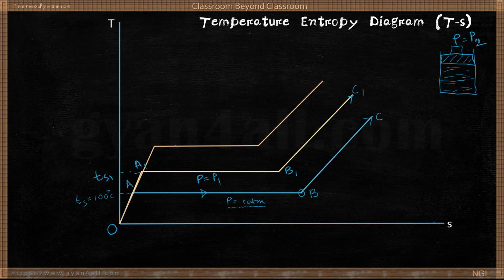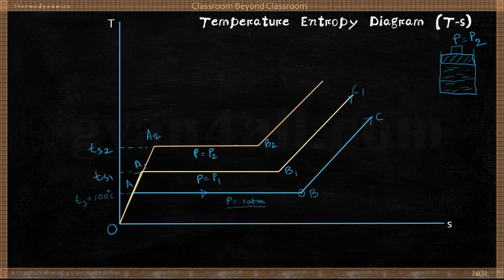In this case OA2 is the increase in temperature due to addition of heat, and A2B2 is the evaporation of water at the pressure we have already mentioned, P2. So this temperature is TS2, the saturation temperature for pressure P equal to P2.